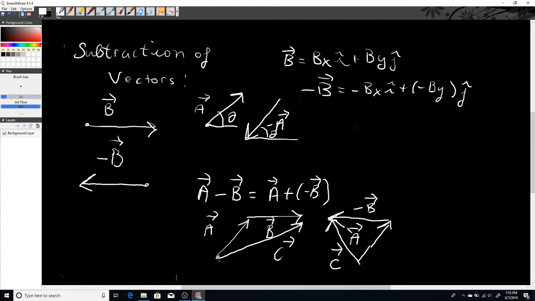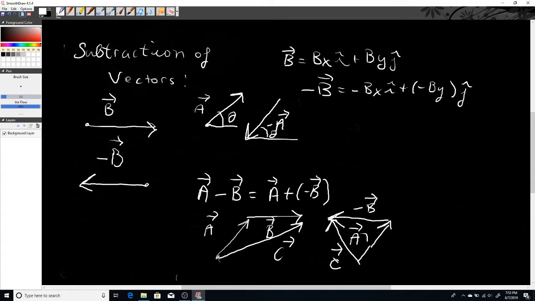It'll be a different C than this, because this would still be A, right? That's A. But then this B will now be going in the opposite direction. And therefore, it'll be this new C that's going in a new direction. So that's basically the subtraction of vectors.